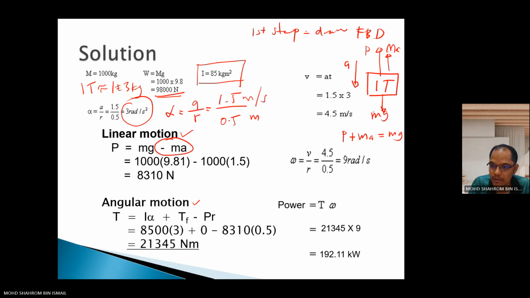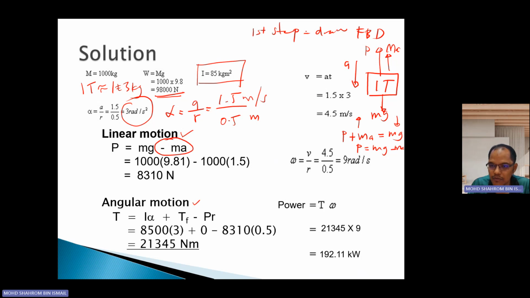Why P plus ma? Because P is acting downward, ma is acting downward, and mg is acting downward on the other side. If we rearrange the equation, we get P equivalent to mg minus ma. So there you go.